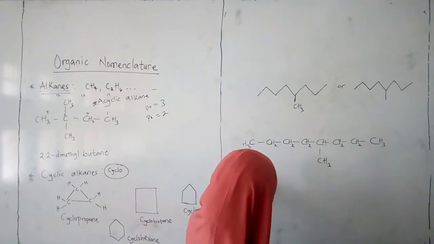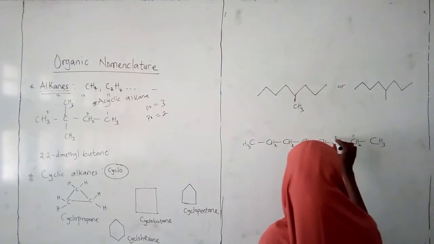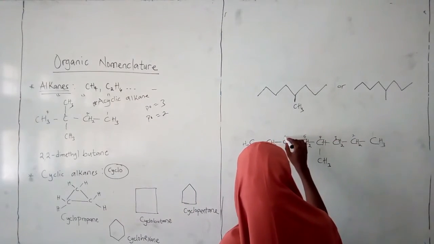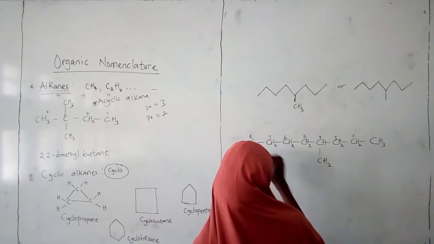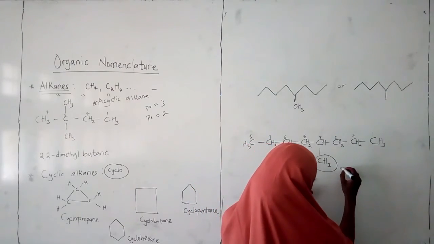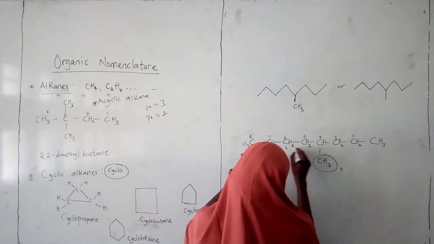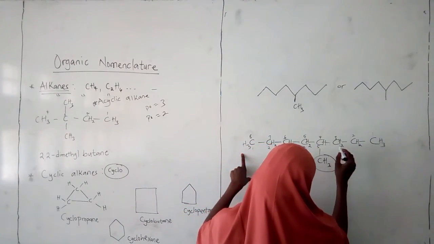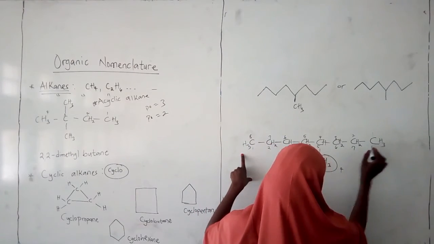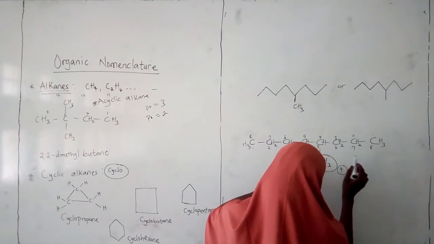So now, since we have 8 carbon atoms here, 1, 2, 3, 4. So now our substituent is in position 4. Counting from this side, 1, 2, 3, 4, 5, 6, 7, 8. From this side, our substituent is in position 5. So we are going with this.